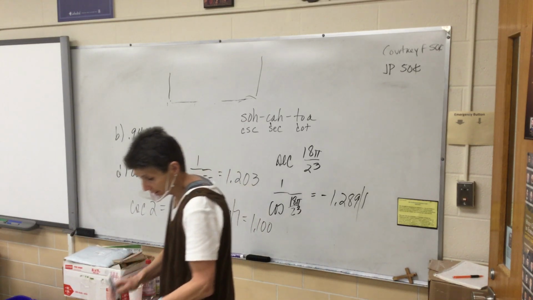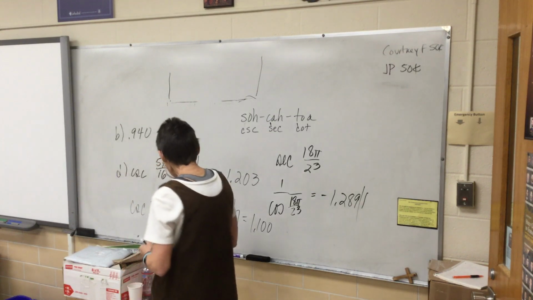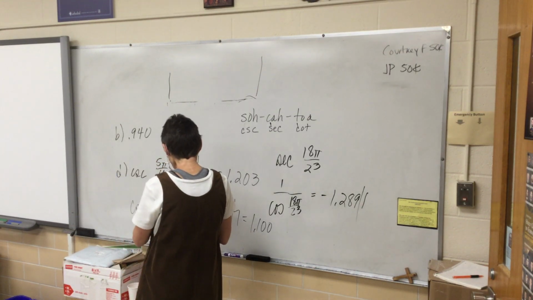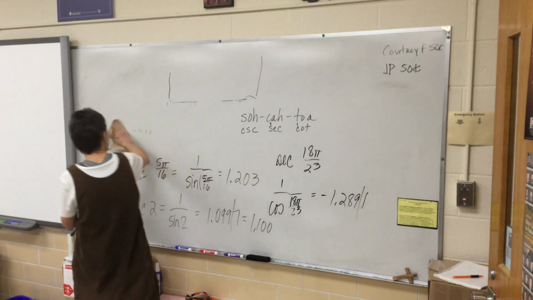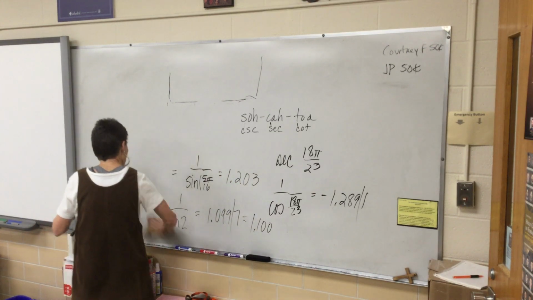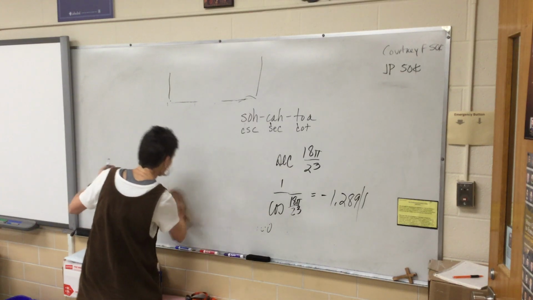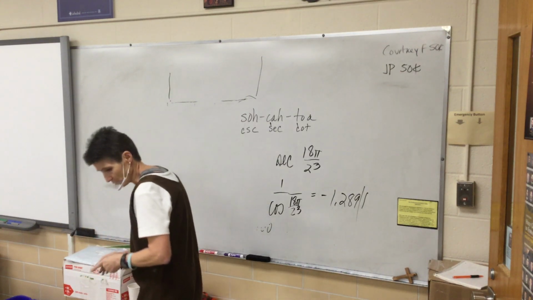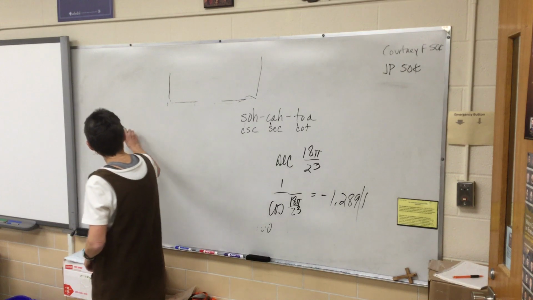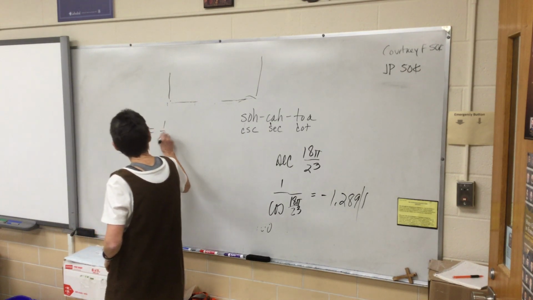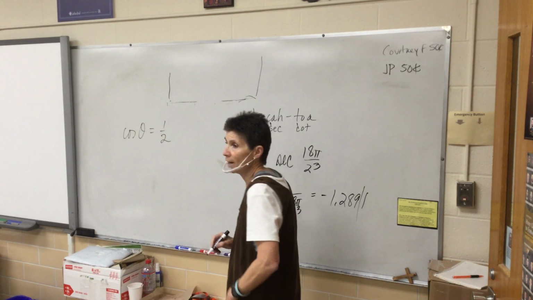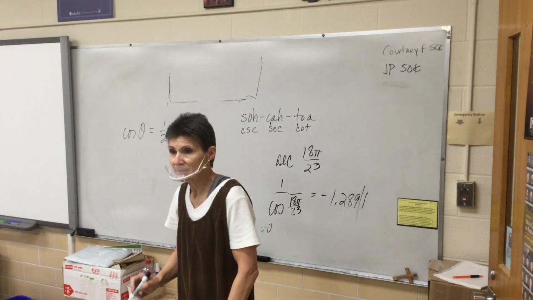But first, we're going to do a little bit more no calculator. And this is like a big puzzle. We're going to figure something out here, and I think you're going to be able to do it pretty easily. I'm going to tell you that there's an angle out there that has a cosine of 1/2. That's what this problem says.